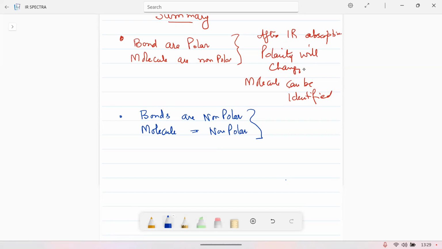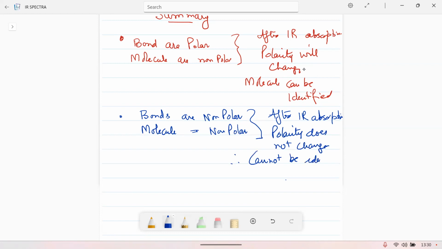In this case, after IR absorption, the polarity does not change. That means it still remains non-polar, therefore it cannot be identified.